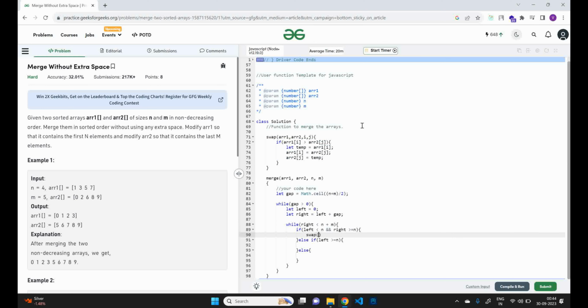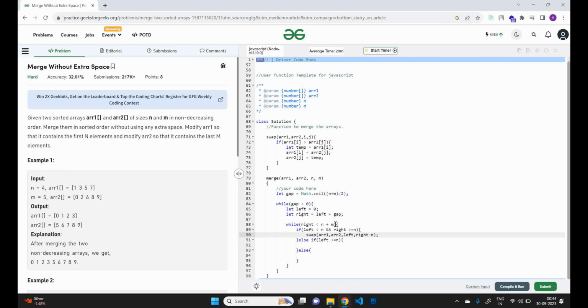If both the pointers are in different arrays, we can pass array 1 and array 2, and the first pointer will be left and the next pointer should be right minus n, correct? Because right is a combination of both the lengths.